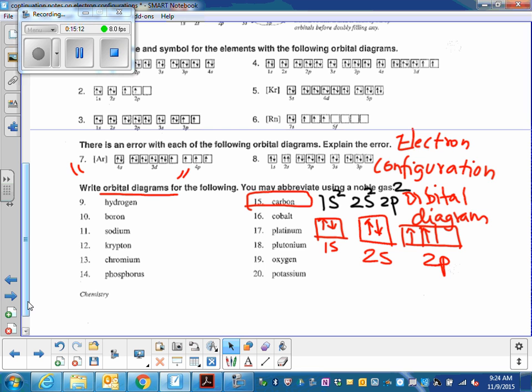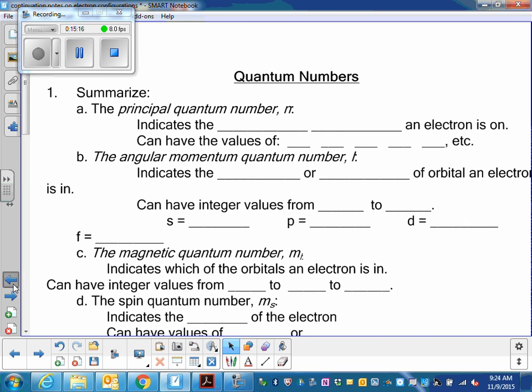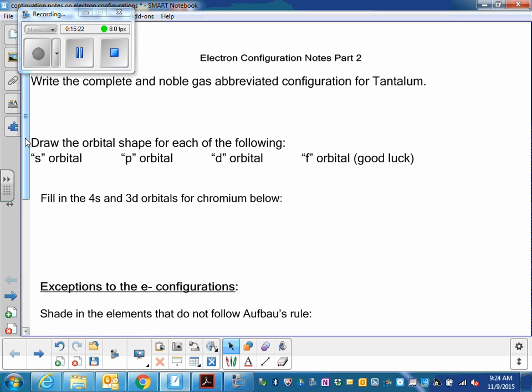Now what I want you to do is, whatever we have learned so far, let's go and take notes and go to extension notes on electron configuration. Where is tantalum on the periodic table?